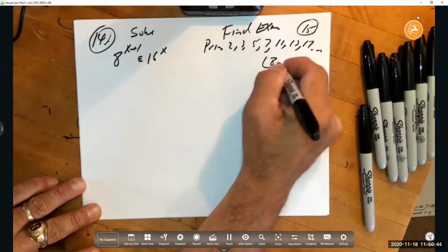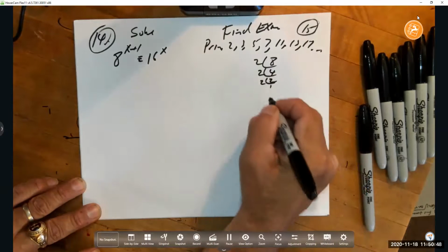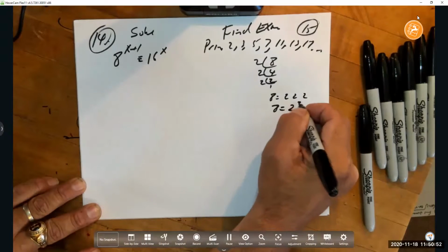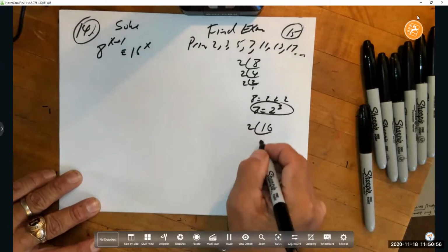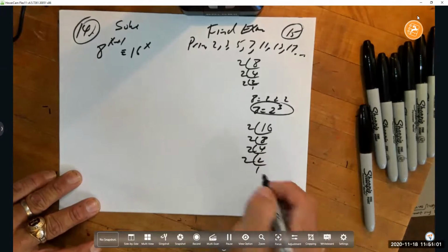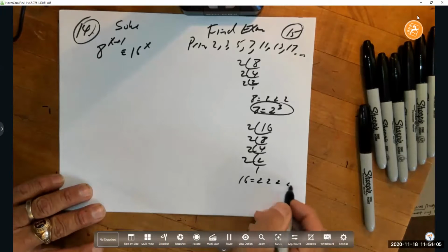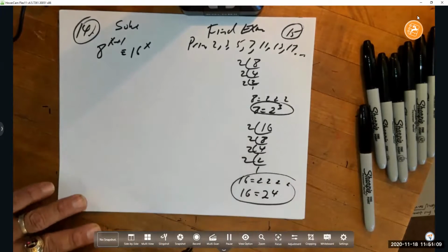Start with 8. 2 divides 8, 4. 2 divides that, 2. 2 divides that, 1. So 8 is 2 to the 3 power. 16: 2 divides 16, 8. 2 divides that, 4. 2 divides that, 2. 2 divides that, 1. So 16 is 2 to the 4 power right there.